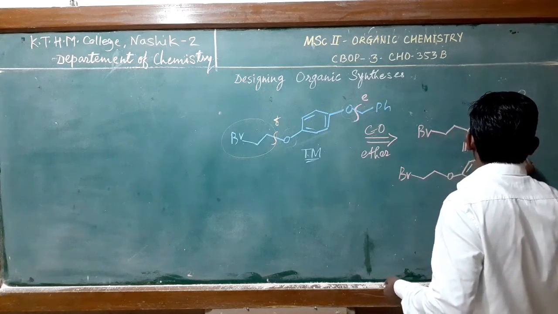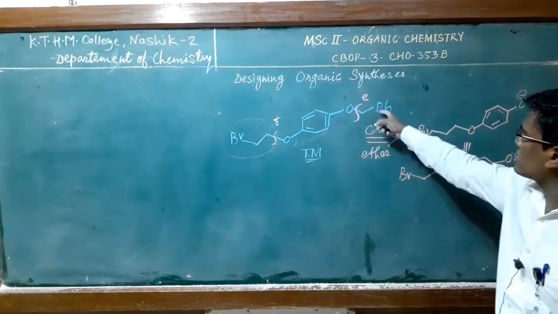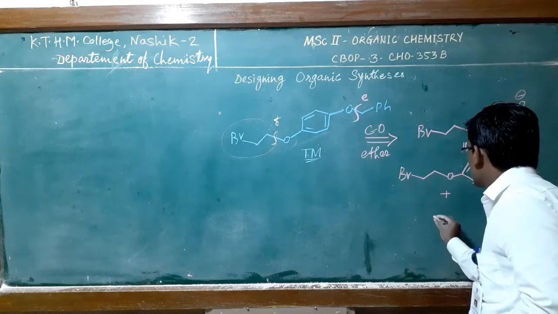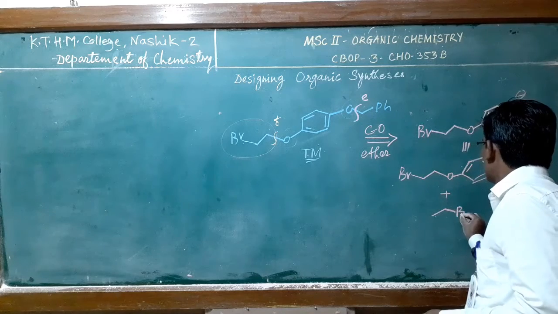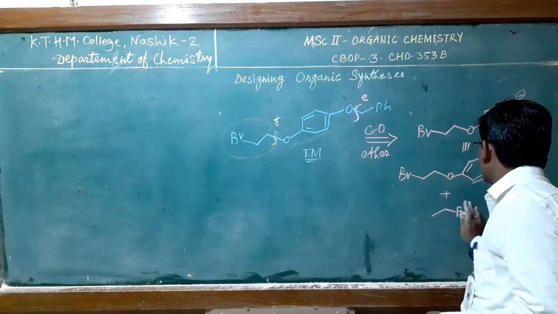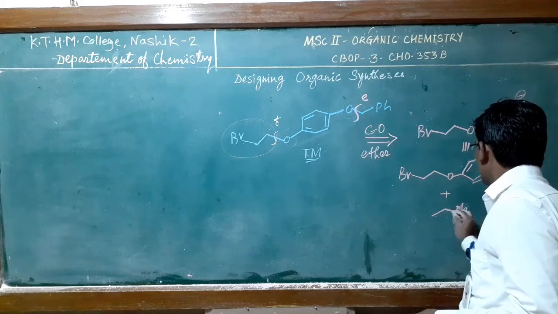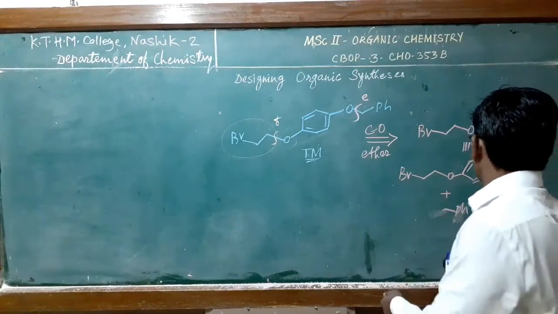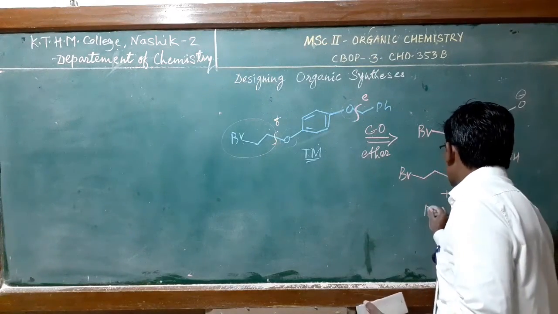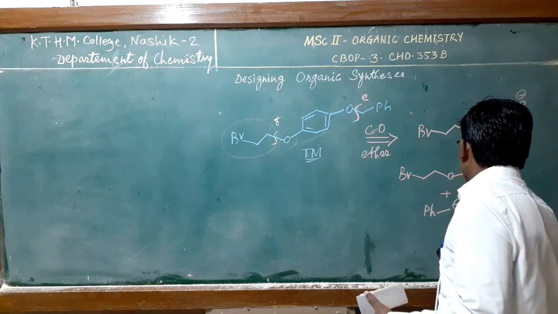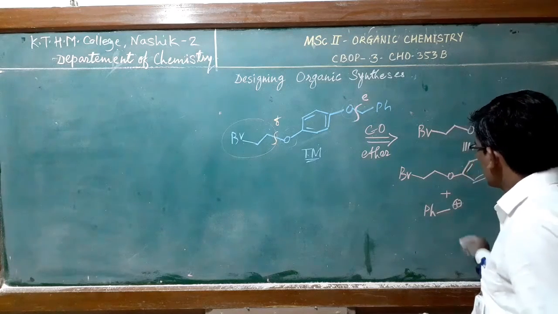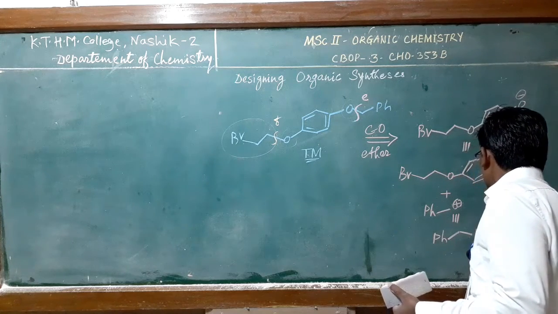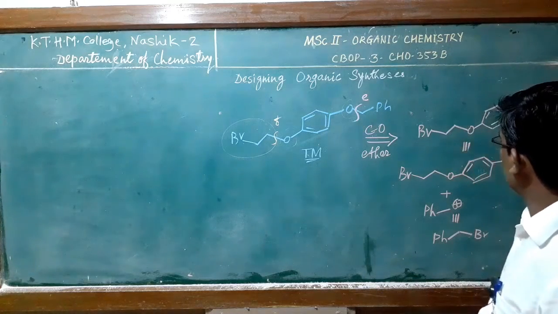So we will write here phenol, and the next synthon is benzyl cation. So it can transform into benzyl bromide.